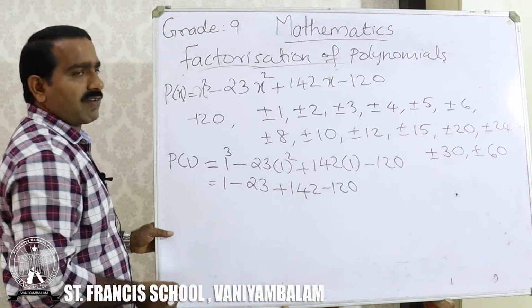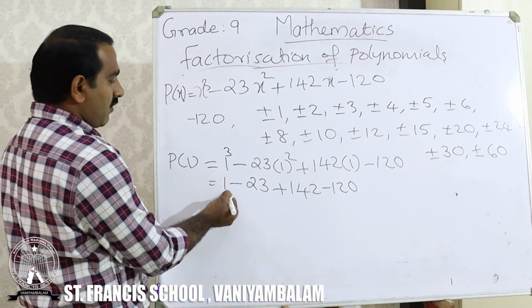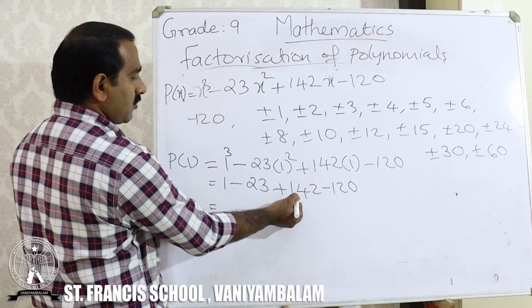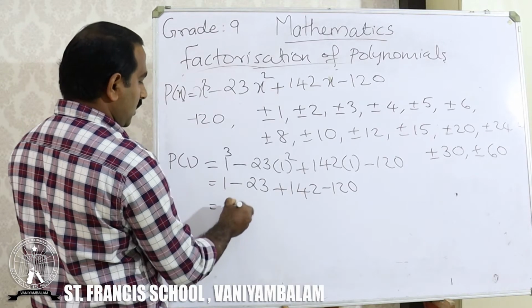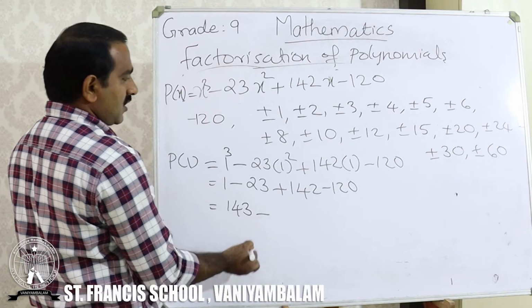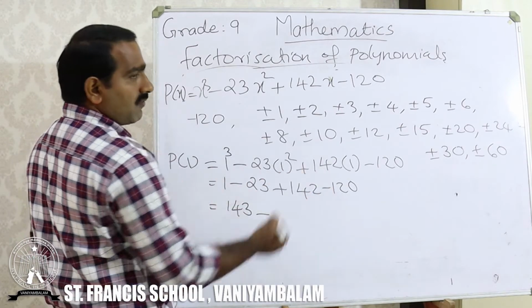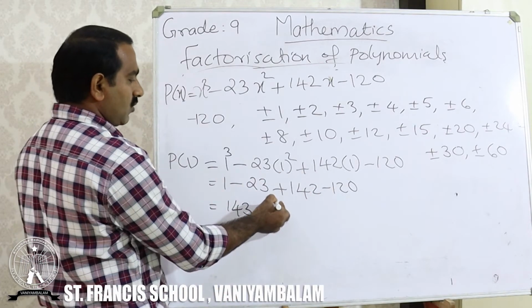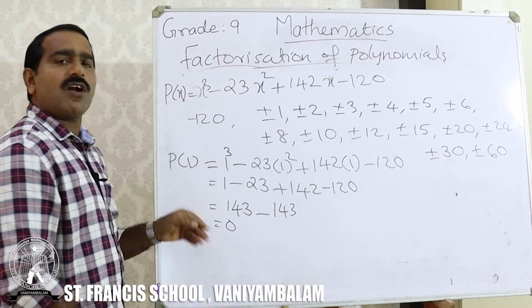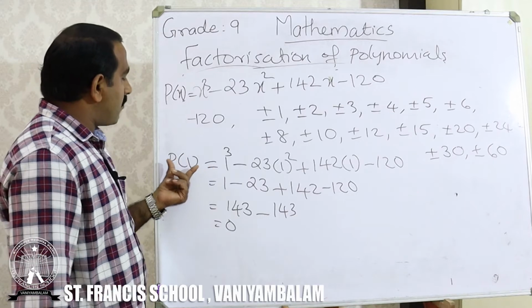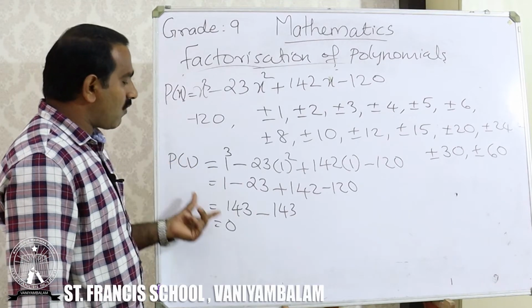Some numbers are negative and some are positive. 1 is positive, 142 is positive, so 1 plus 142 is 143. Minus 23 and minus 120 are negative numbers, that is also minus 143. The answer equals 0. By trial, we got P of 1 equal to 0.